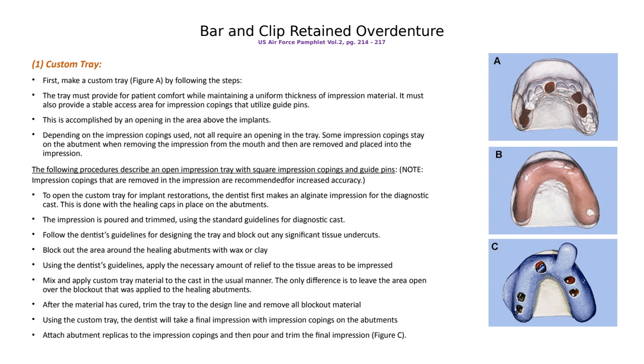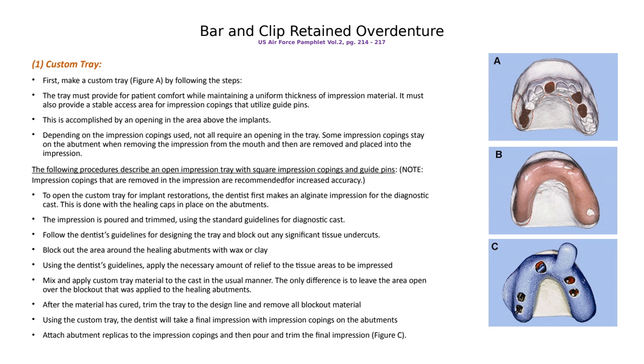So everything starts with fabricating the custom tray. And when we fabricate the custom tray, we have to have a preliminary cast that the dentist took the impression of, we poured it up in stone, and now we're ready to fabricate the custom tray.